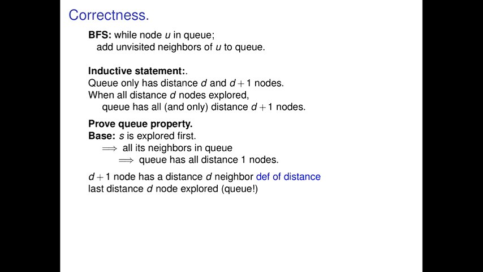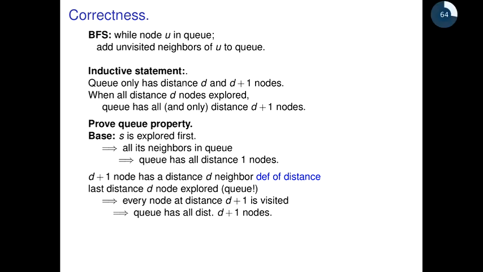So when the last distance D node is explored in the queue, you've processed all the distance D nodes. So anybody who's at distance D plus 1 must be a neighbor of one of those, so it must be in the queue. Every node at distance D plus 1 was at least looked at, and either you put it in the queue or it's already visited. So the queue has only distance D plus 1 nodes.